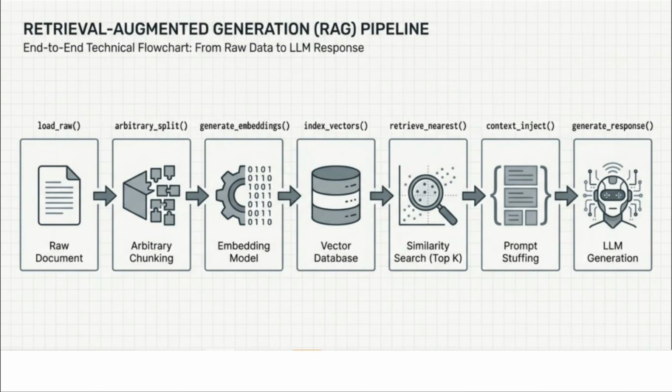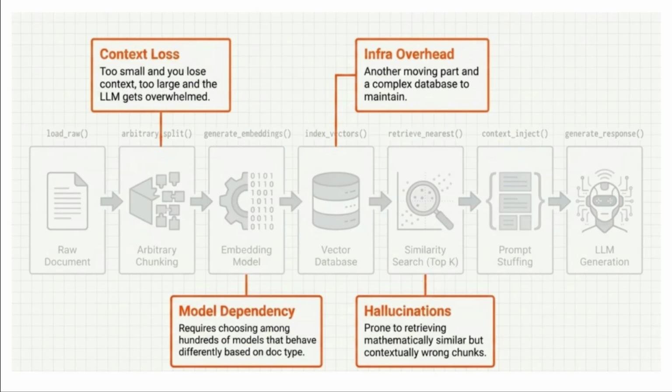The problem that nobody talks about. Vector RAG is powerful, no doubt, but it comes with a lot of baggage. You need to choose a chunking strategy. Too small and you lose the context. Too large and the LLM gets overwhelmed. And after that, you need to pick an embedding model. There are hundreds of them and they all behave differently.